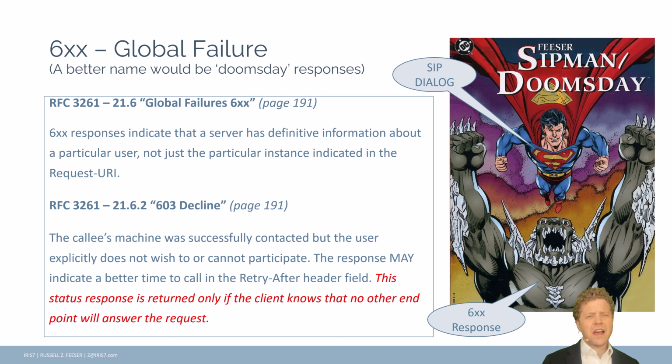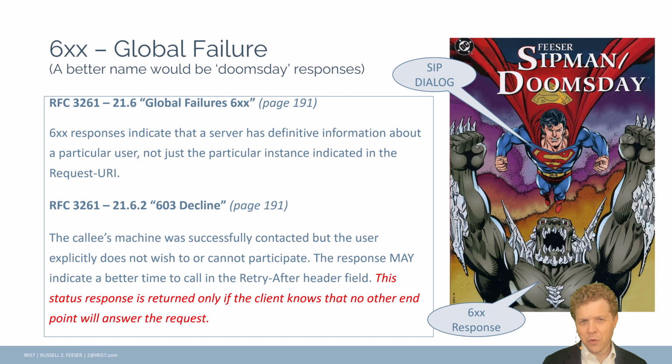It shuts down a search. So if you have multiple phones ringing and one of them sends back a 6XX, like we just saw, all phones are going to stop ringing. In this case, the proxy would interpret that as, uh-oh, the caller's bad news. Here's why.